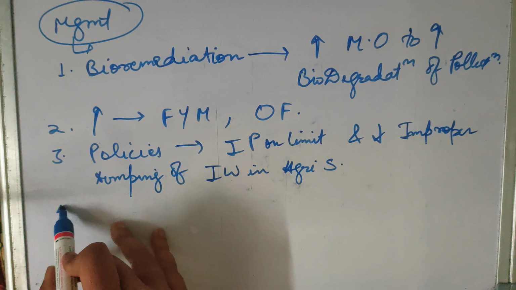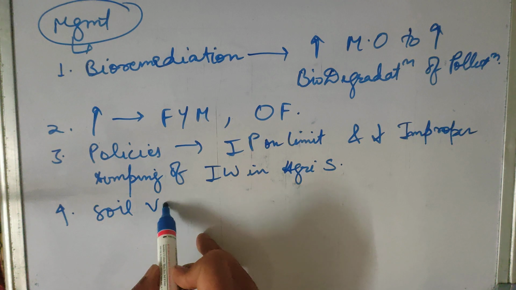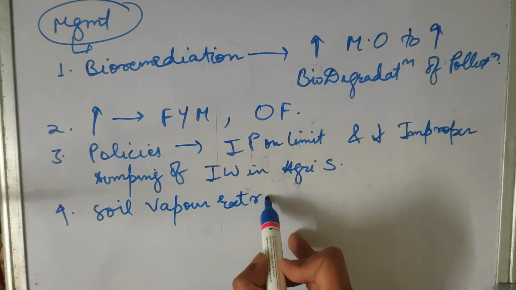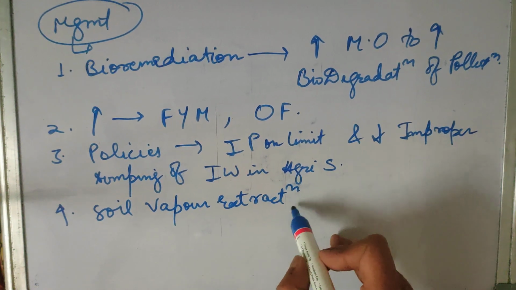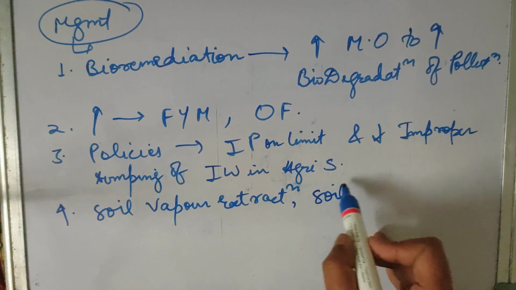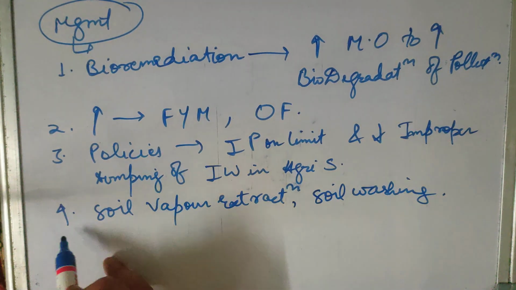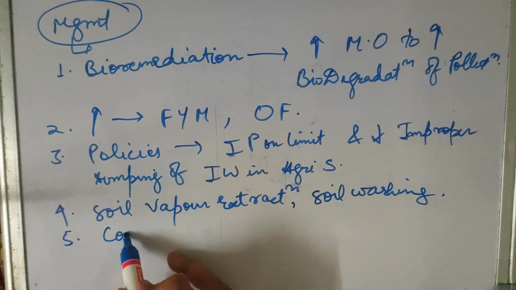We can use modern techniques such as soil vapor extraction. Soil washing can help. We can use compost and sustainable methods.